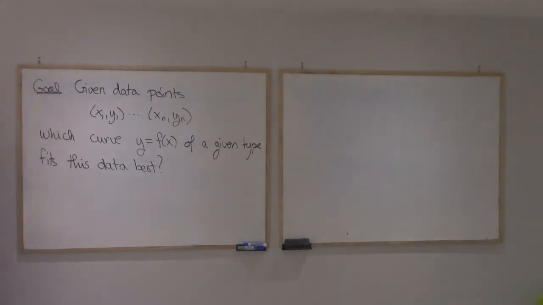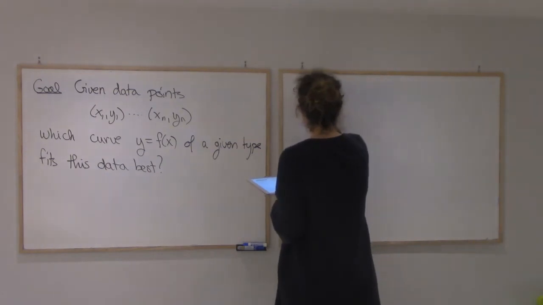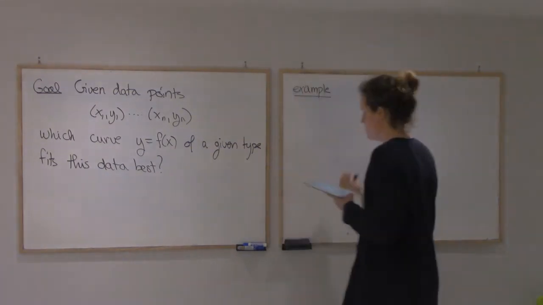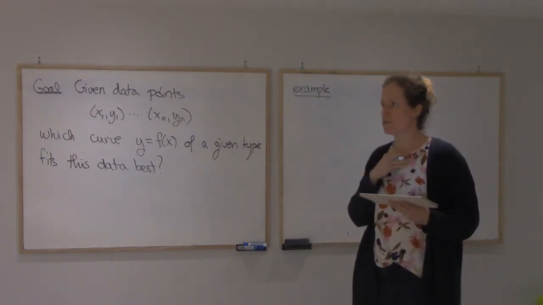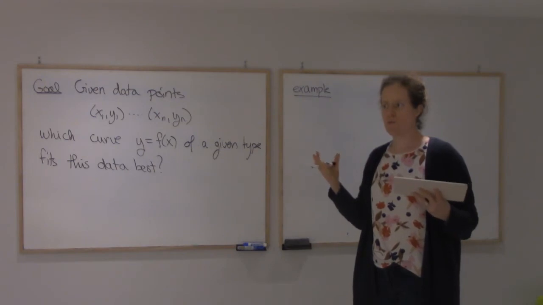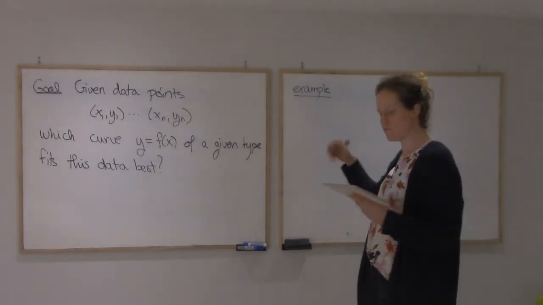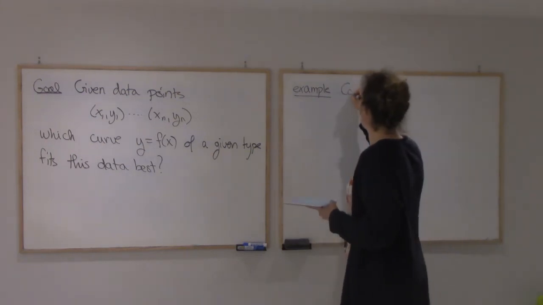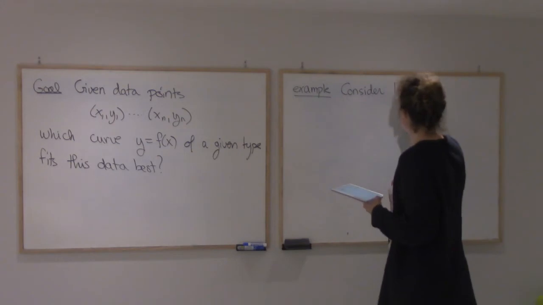Alright, so let me give you an example. I'm in a physics lab. I want to find maybe the Hooke's constant for a spring, something like that, and I measure a bunch of points using different weights and whatnot. So consider the points.